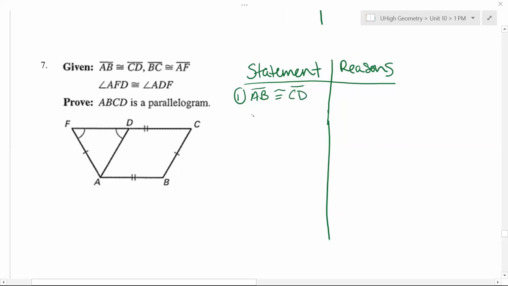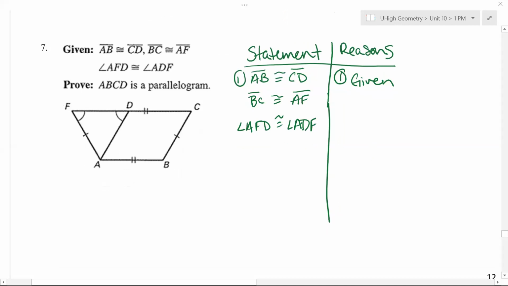I'm given that segment BC is congruent to segment AF. And I'm given that angle AFD is congruent to angle ADF. All 3 of those are given, so I'm going to write them all in my step 1.